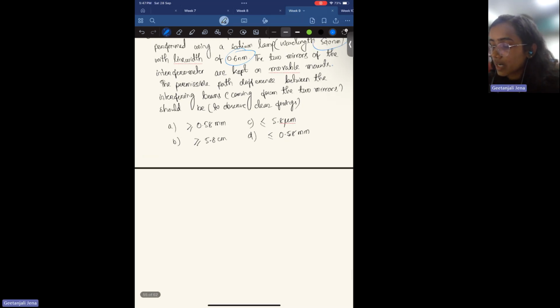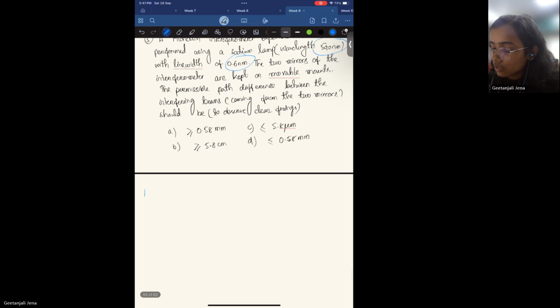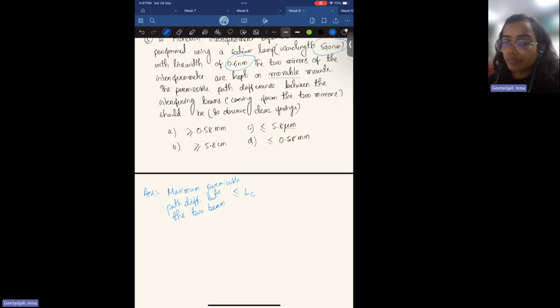So to calculate the path difference, what do we know? The maximum permissible path difference between the two beams should be less than or equal to LC, right?